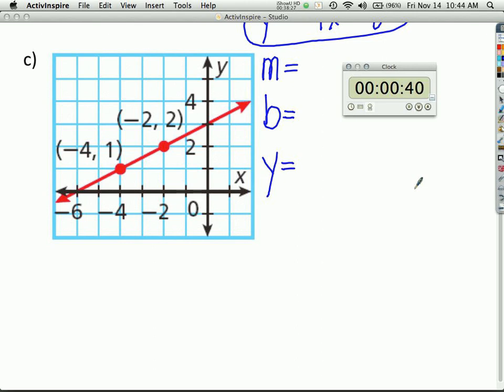All you gotta do is M equals y2 minus y1, so that's like 1 minus 2 over... no it's not, which one back? You're doing it so wrong.